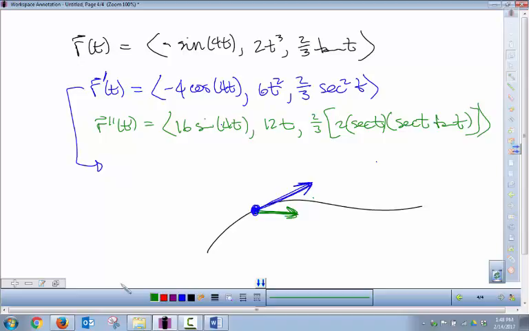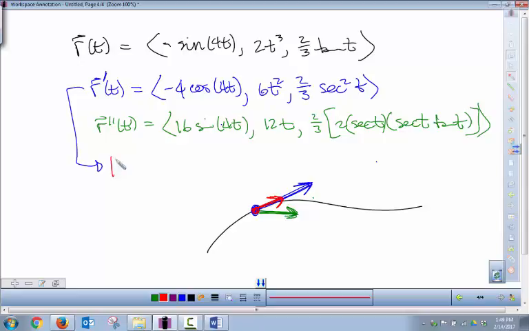But sometimes when we're running along a particular curve like this, we might be interested in not necessarily the speed, but in just making this into a unit vector. Do you remember how to make a vector into a unit vector? Divided by the magnitude, right?